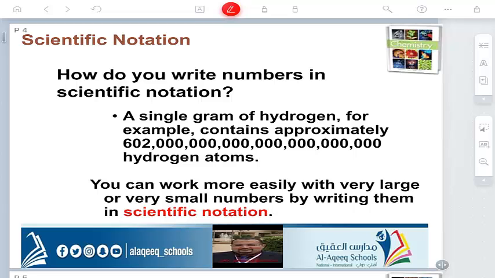A single gram of hydrogen, for example, contains approximately 602 and a lot of zeros beside it. How can we deal with this very large number? It's difficult. For this reason, we are using scientific notation. It works more easily for very large numbers and very small numbers as well.